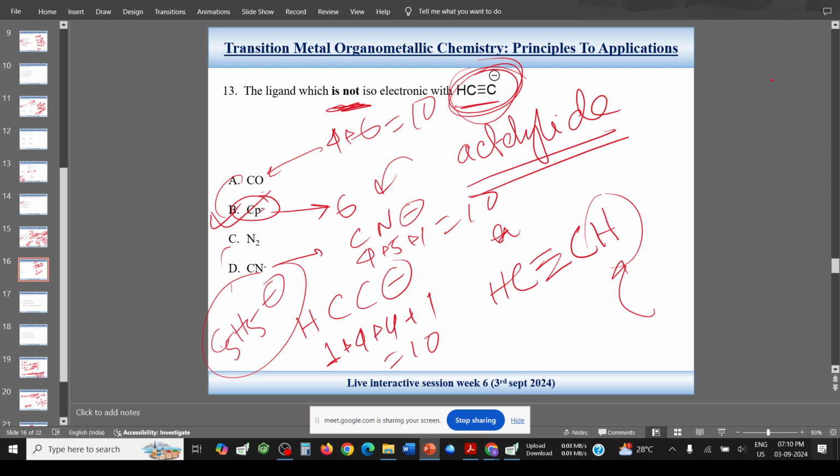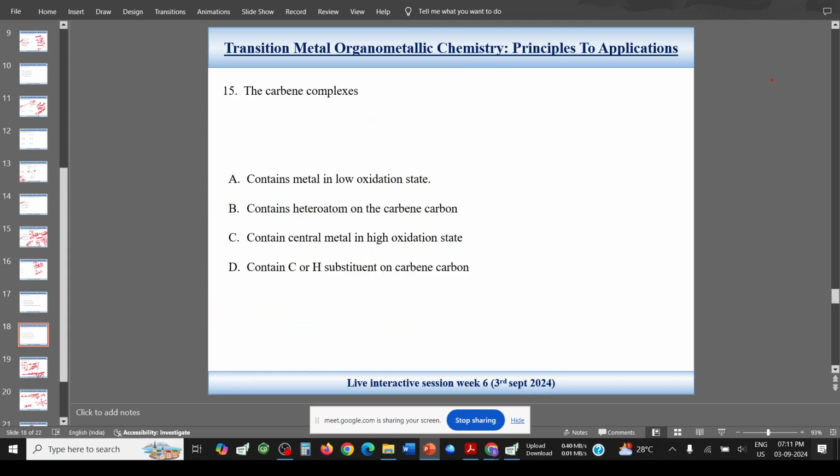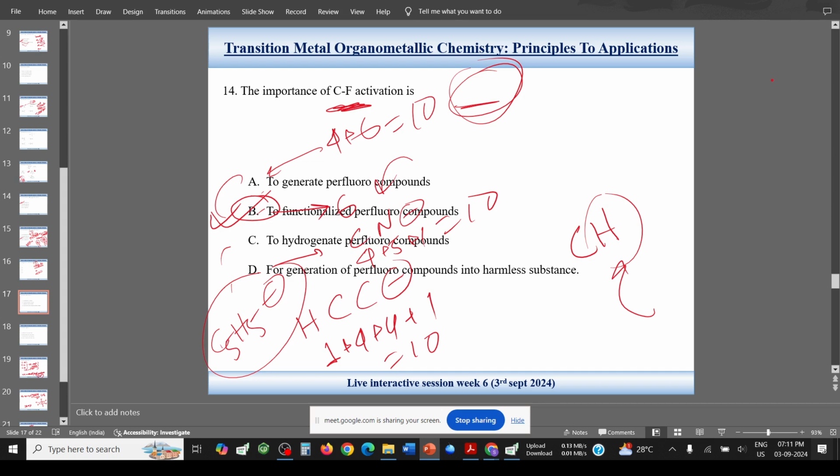So if you calculate Cp in terms of the total number of electrons, then you also get the right answer. Okay. The next question is again this. Why is it overlapping again and again.